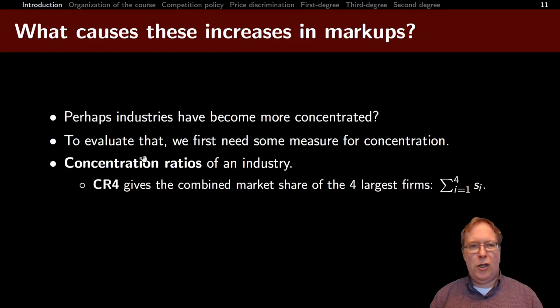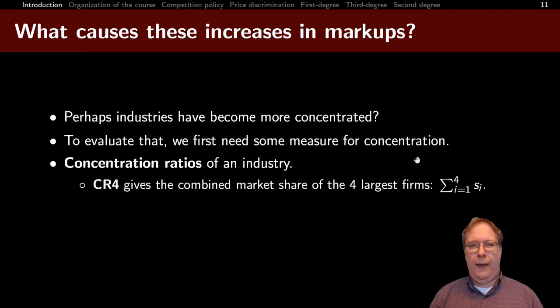So first of all, we have the concentration ratio of an industry. CR4 gives you the combined market share of the four largest firms in an industry. So mathematically, that looks like this. If S_i is the market share of firm i, and you order all firms from largest to smallest, then if you take the sum of the market share of the four biggest firms, you get your CR4.